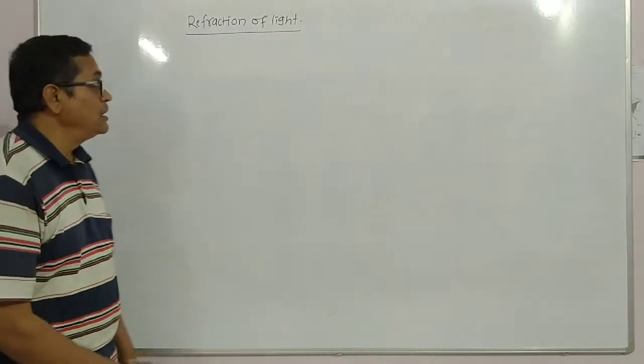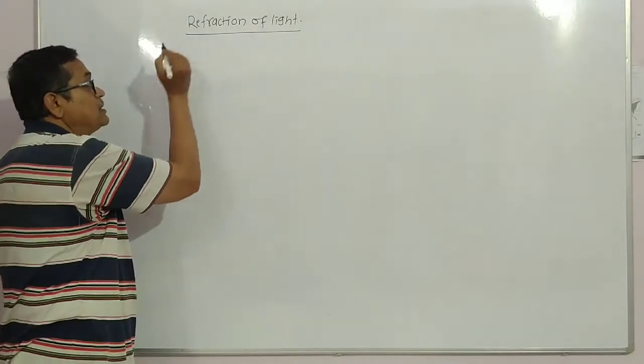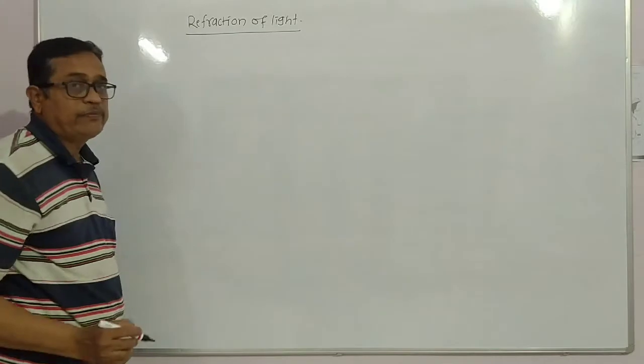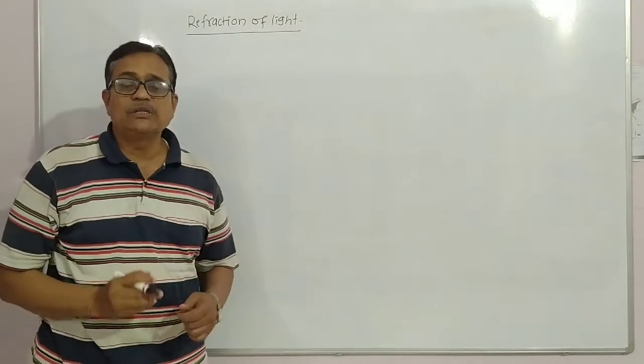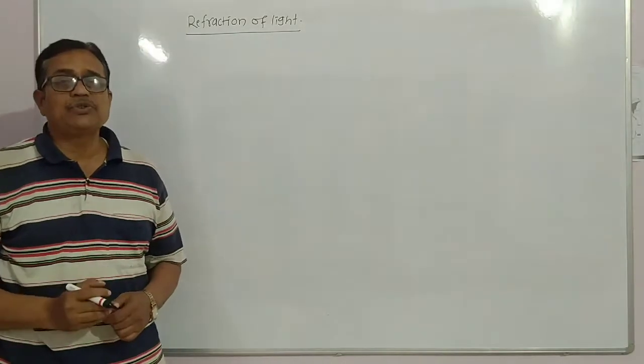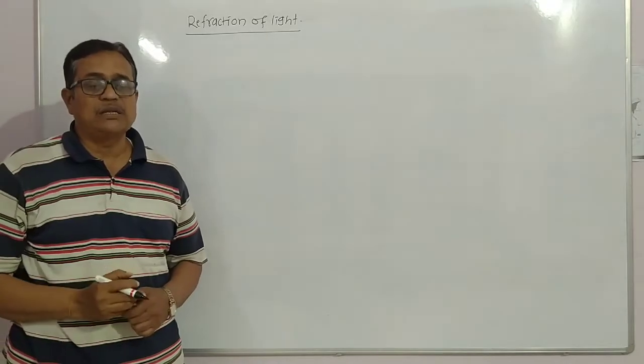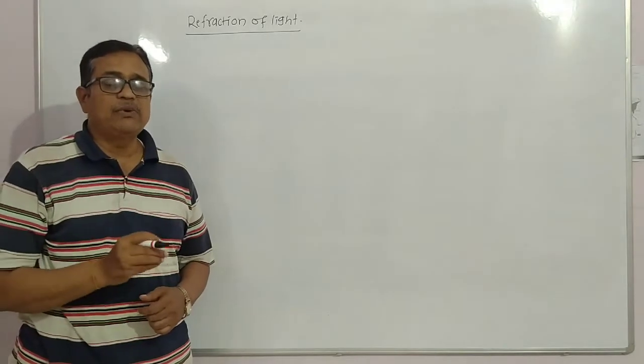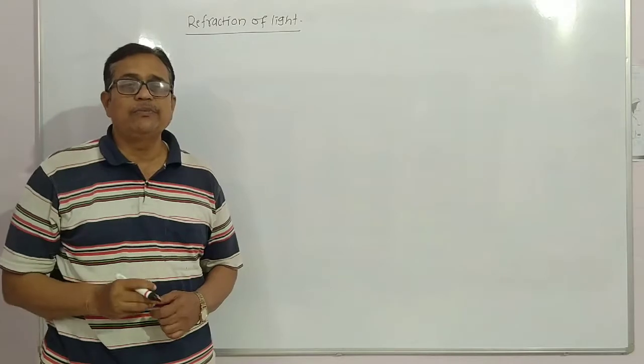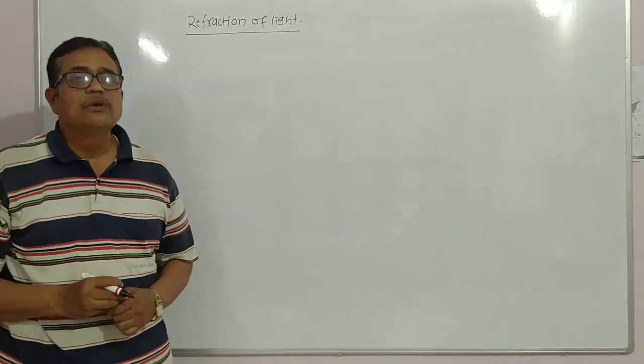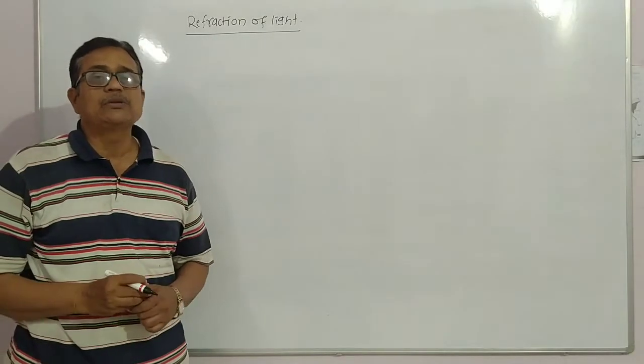Now today we start the next property of light, that is the refraction of light. Here we study what refraction is and refraction of light through a glass slab, because that is one lab activity for you, and it is a very important lab activity. We complete this activity in the laboratory also.